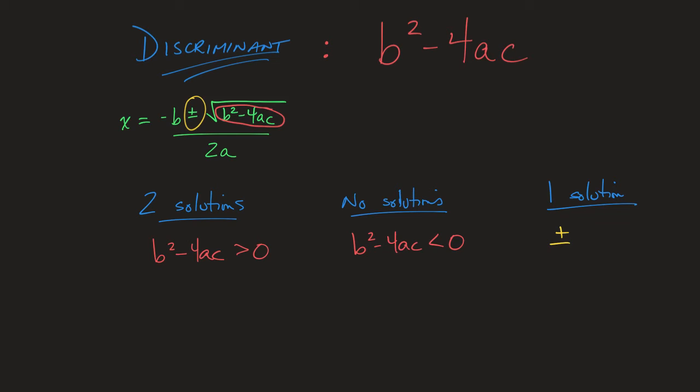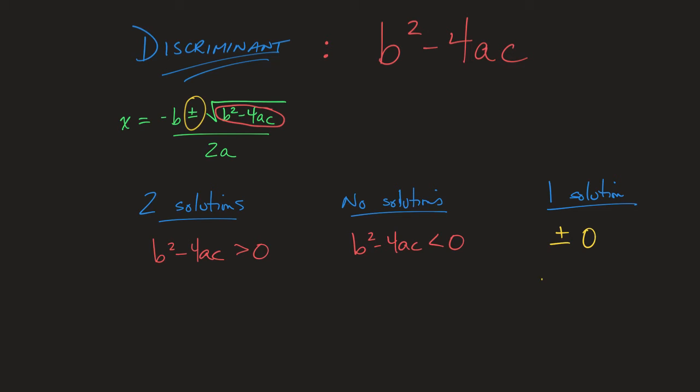The only way I can get one solution, to still be able to calculate a solution, is to make my plus or minus not matter, not meaningful, not effective. Well, the only way I can make that not effective would be to add or subtract 0. Notice if I add 0 to something or I subtract 0 from something, I don't change the value. I'm still going to have the same number.